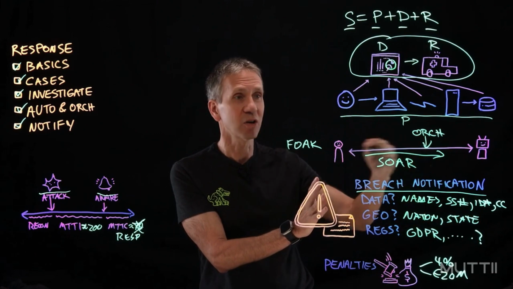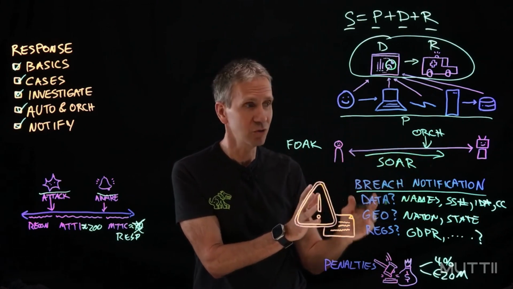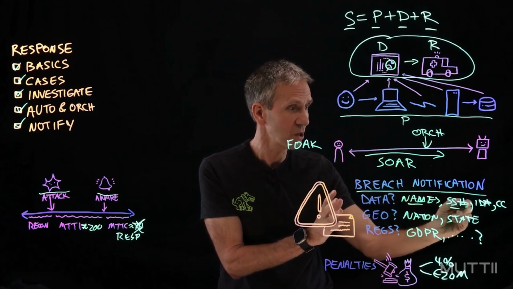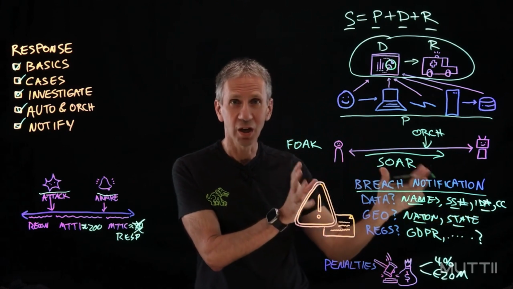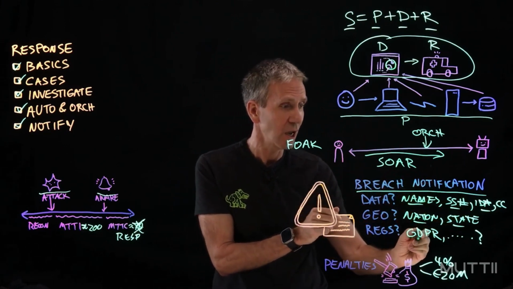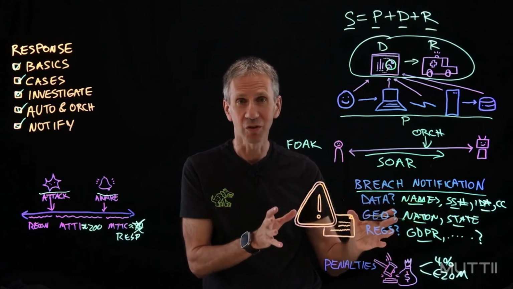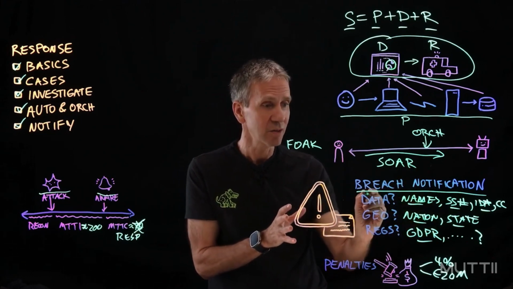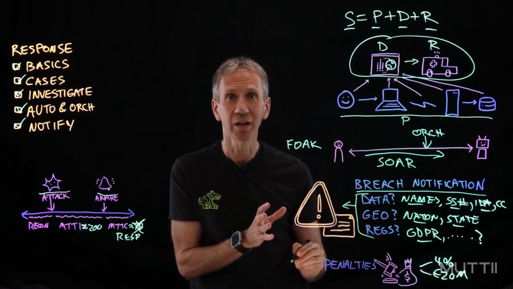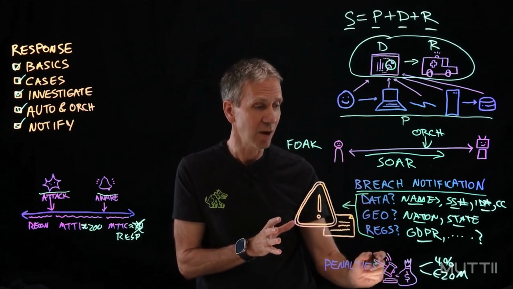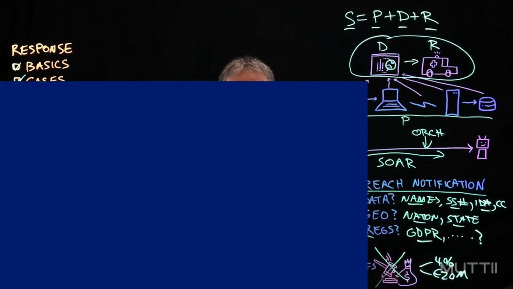Once I realize as part of my investigation that there has been a data breach, I'd like to go into the tool and say, here are the types of data that were compromised. Here are the geographies where it was compromised. And here are the different regulatory requirements that I have to follow. And based upon that, the system would come out and tell me exactly who do I need to notify. And that way I don't end up with a bunch of penalties, because that gets to be very expensive.